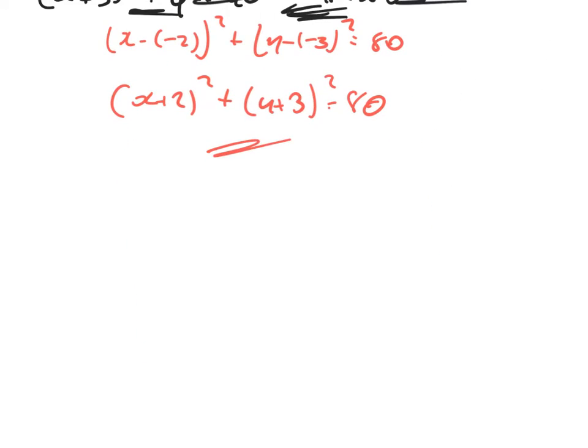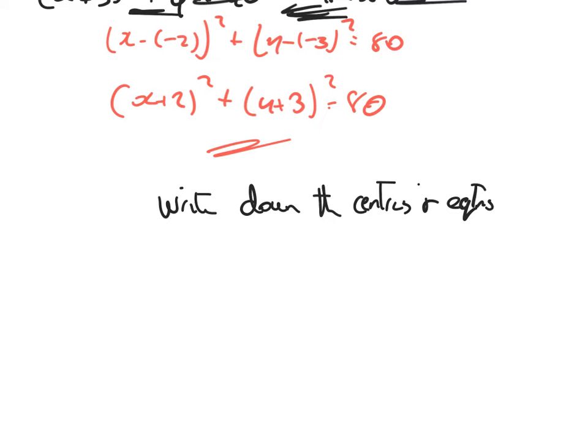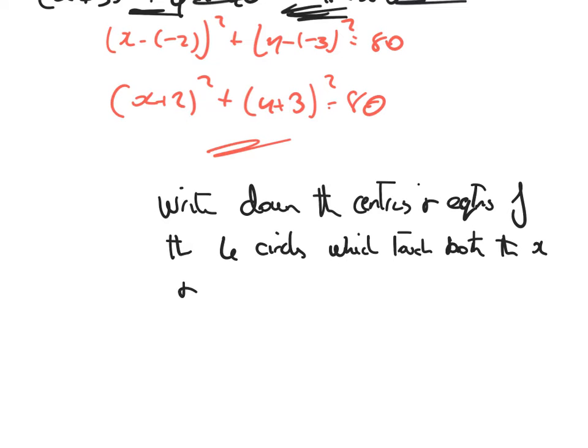Okay, next question. This question says, write down the centres and equations of the 4 circles which touch both the x and y axis and have radius equal to 5.